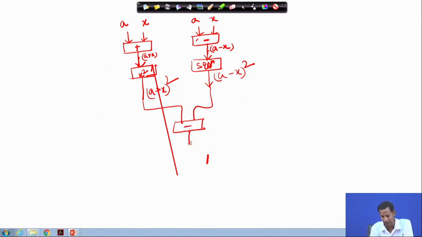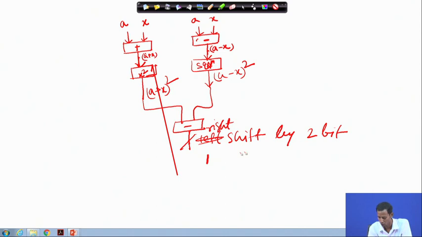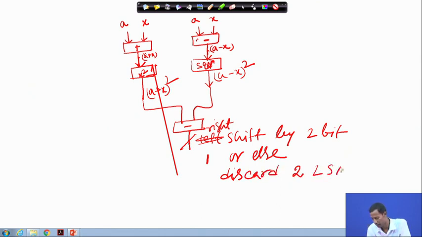And from here I have to shift the result right by 2 bits, or else what I can write, discard the 2 LSBs from this particular result. If you do that, then I will get A into x.